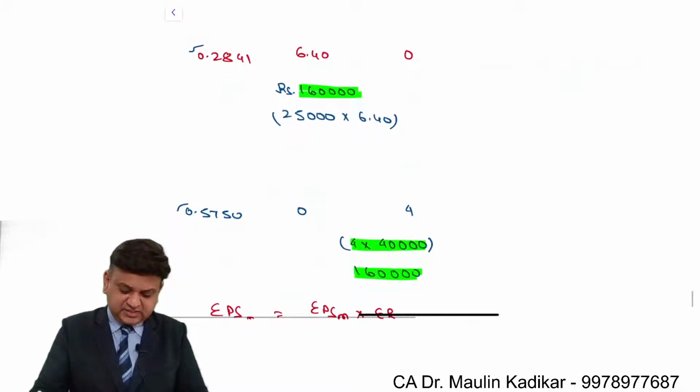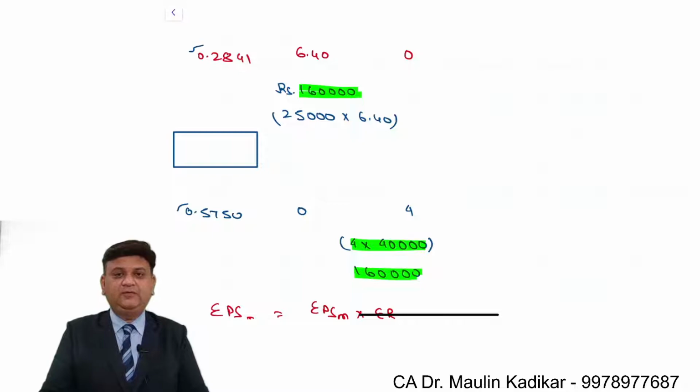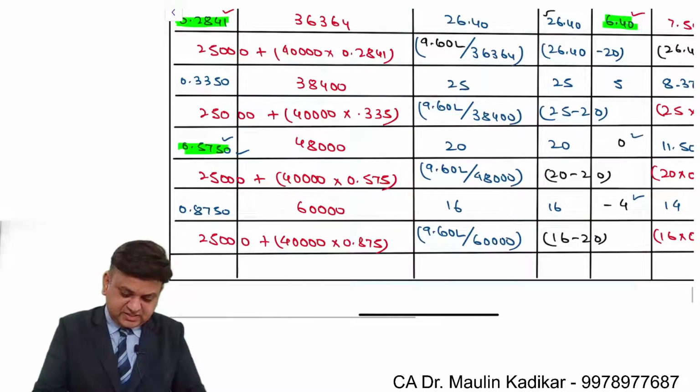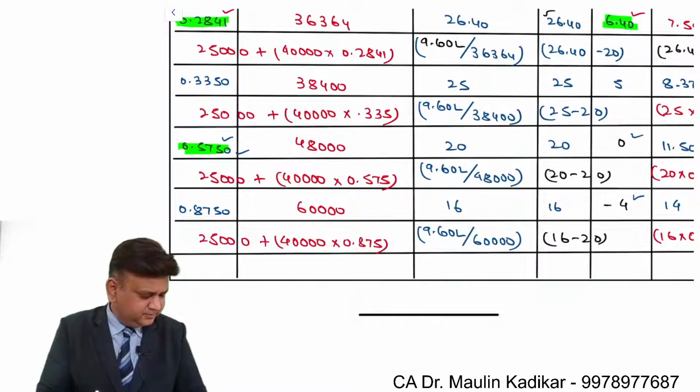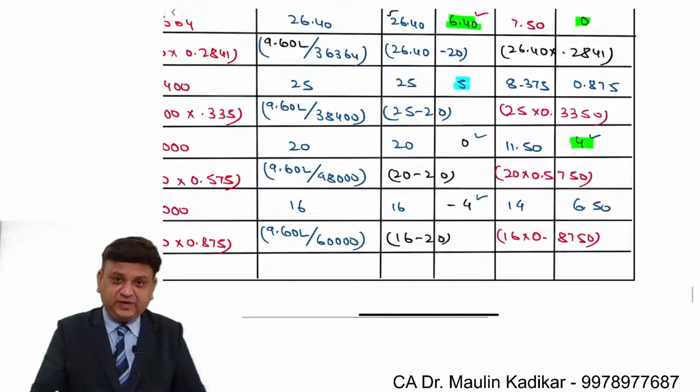So any exchange ratio which is falling between these two will result in profit to the shareholders of both the companies. You can see that, say, we have got the exchange ratio 3350. In that case, the acquiring company has a profit of rupees 5 and the target company has a profit of rupees 0.875.